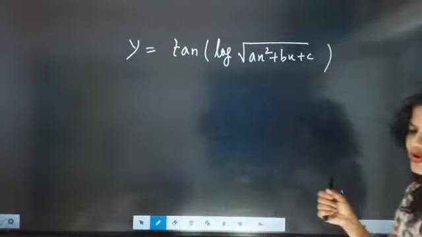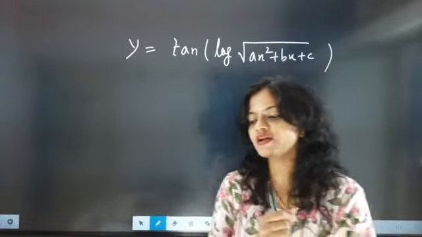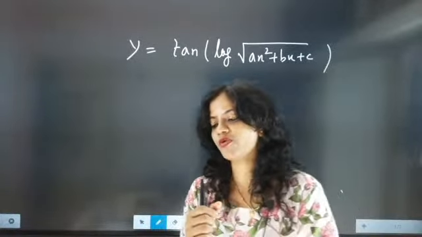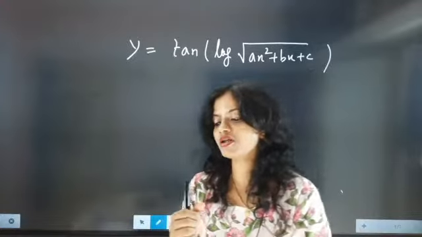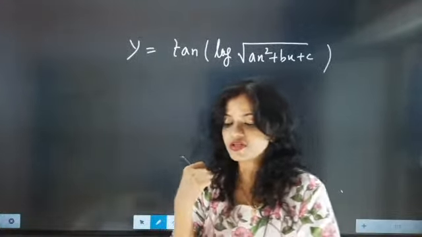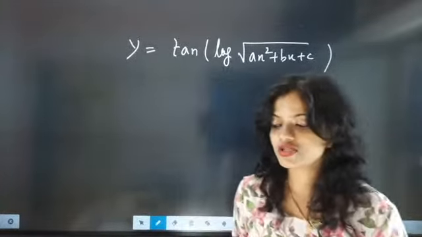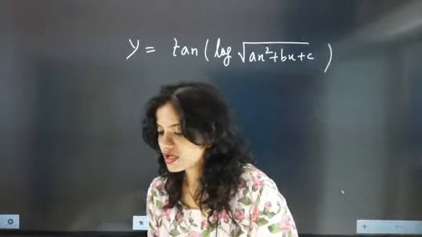How are you going to handle it? So y is equal to tan log. Here I have used 3 different types of functions: trigonometric, logarithmic, algebraic. So 3 bosses together I have added. When these 3 bosses are together, how am I going to handle it? Just reduce them 1 by 1, boss.